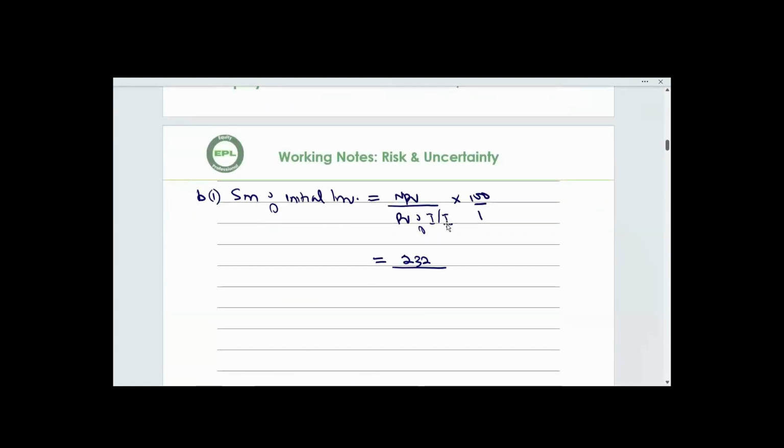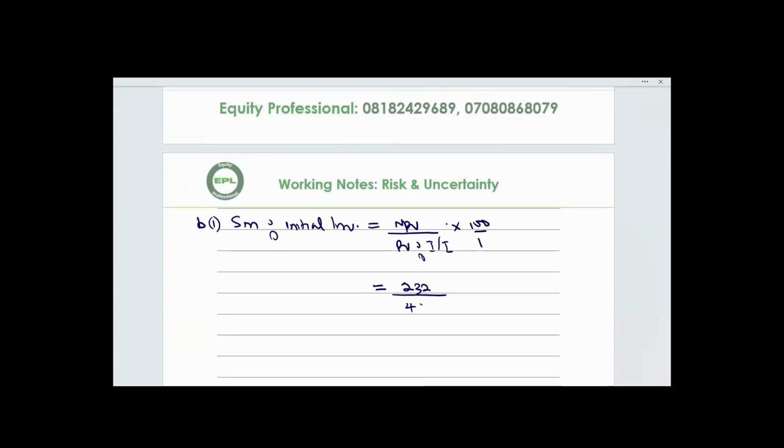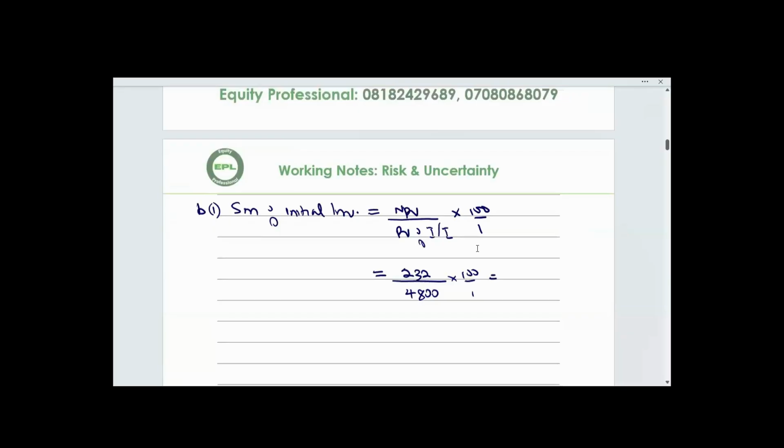All right. So here will be 232 divided by 4,800 multiplied by 100 over 1. Give it to me. What you get? 4.8%. Pay attention, please.